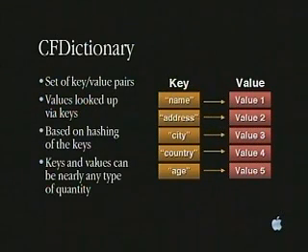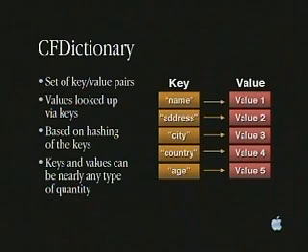The other collection I'm going to review today is CF Dictionary. With a CF array, the pointer-sized values were indexed by integer. In a CF dictionary, the values are indexed by keys, and you can see this in the diagram, which are themselves often other CoreFoundation objects, but can be any pointer-sized values.